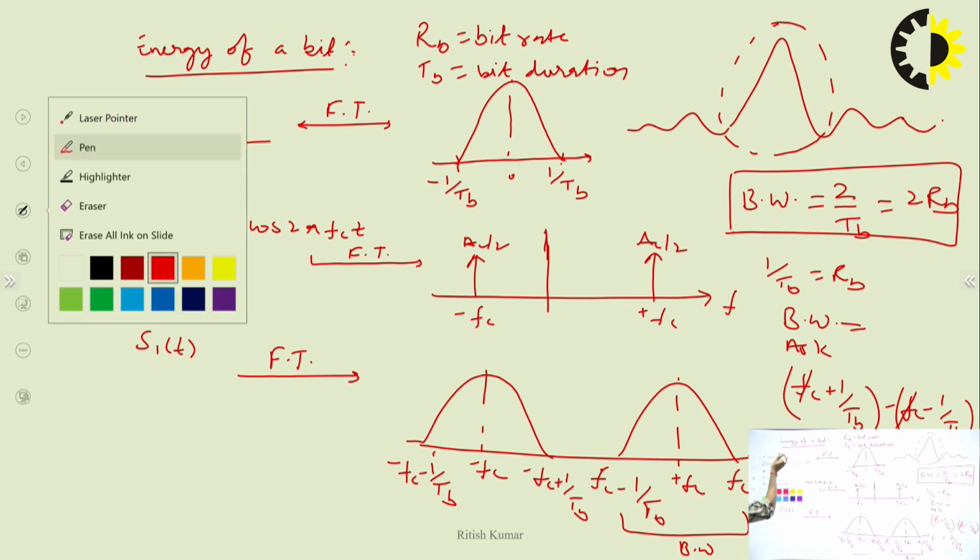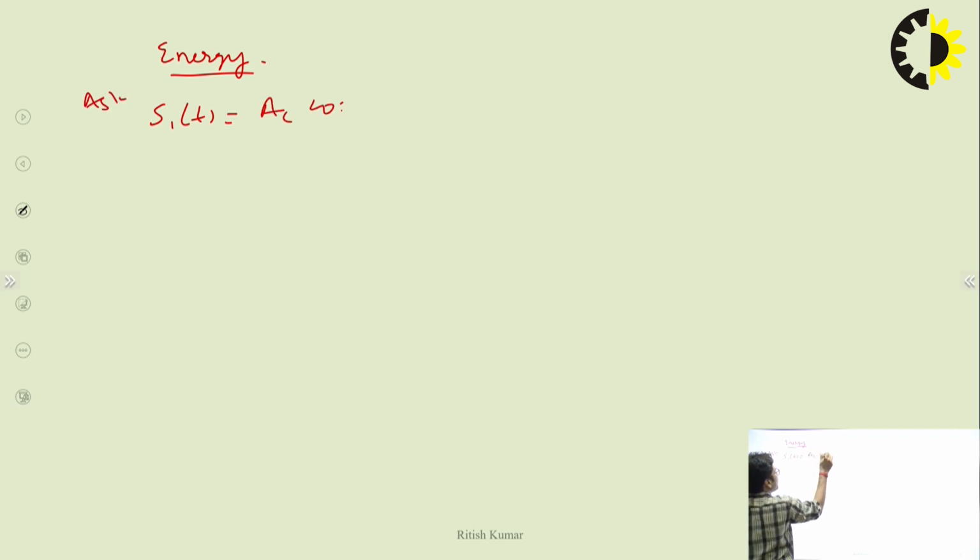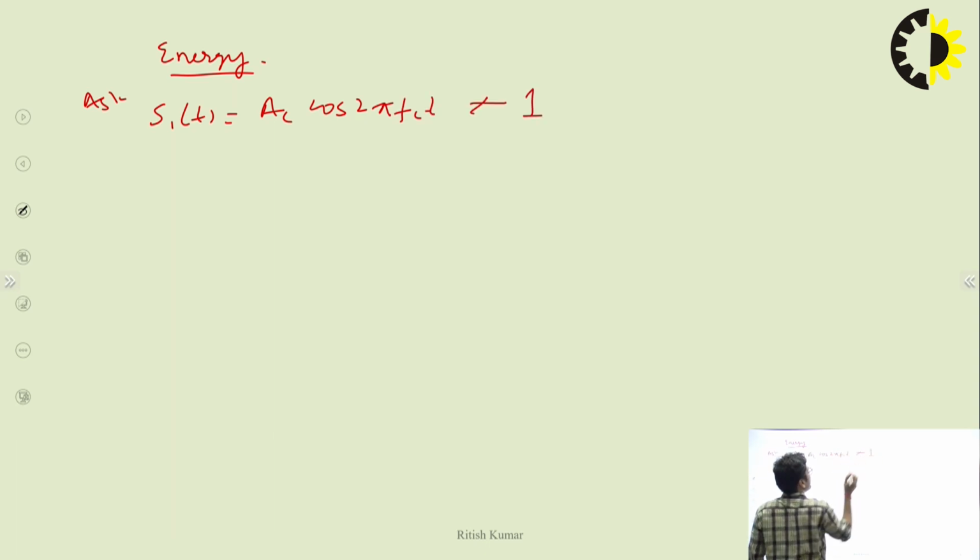Now come to the point, energy of the signal. As we know, S1(t) is an ASK signal. S1(t) is equal to Ac cos 2 pi fc t when you are transmitting the 1. If you are transmitting 0, then it is 0.